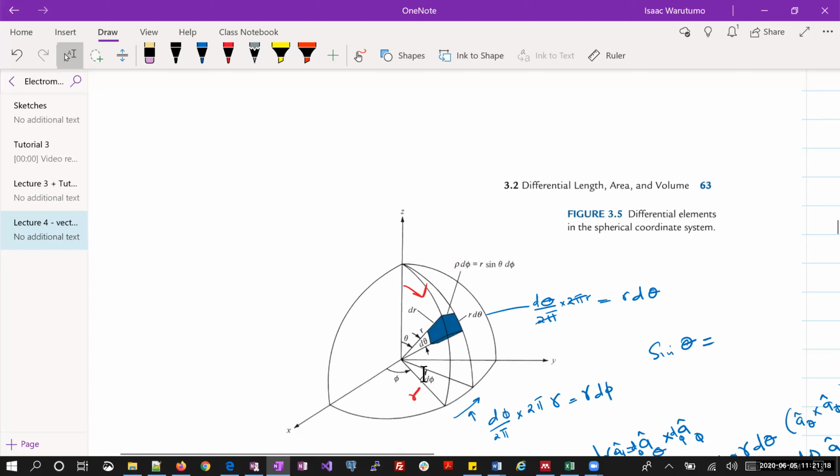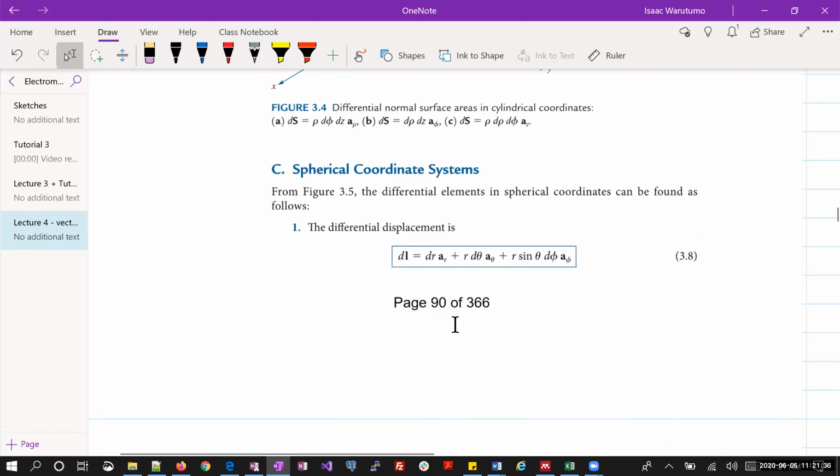Once you're able to generate this diagram, you can always express your elemental length, so differential elements in any coordinate system, or now currently this coordinate system. So I want to show you how we can get this dL without getting mixed up.